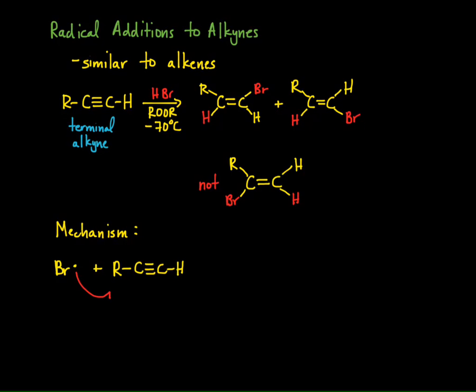And we can show that by taking one of the pi electrons, forming a carbon-bromine bond. And so what's going to happen is that bromine is going to go to the terminal carbon, so the carbon on the right, and the carbon on the left is going to become a radical. So the result looks like this.